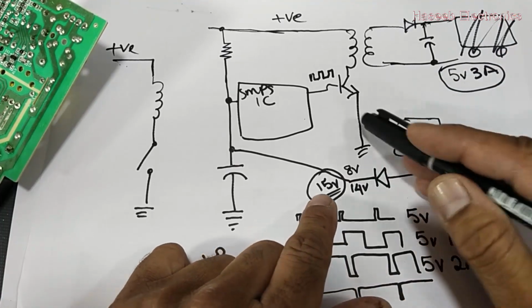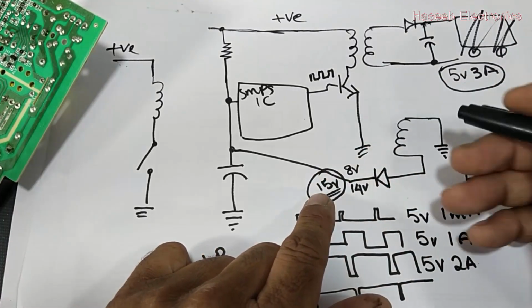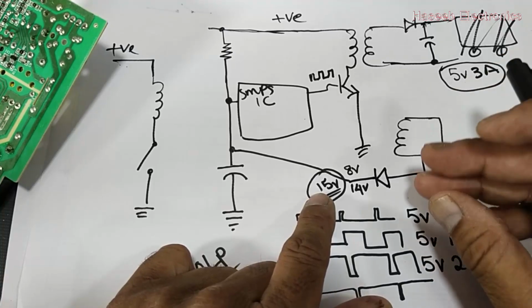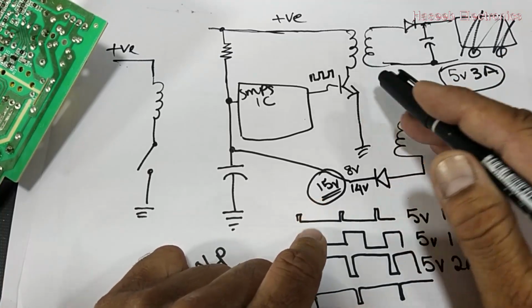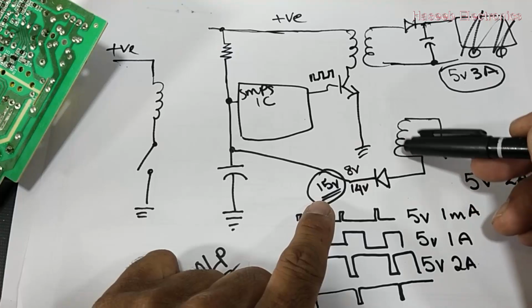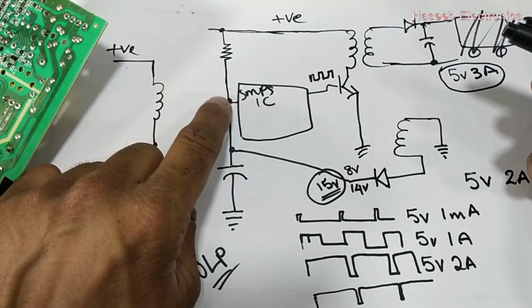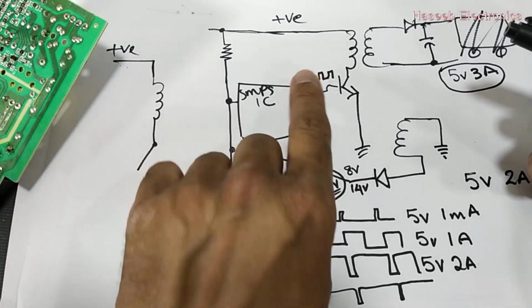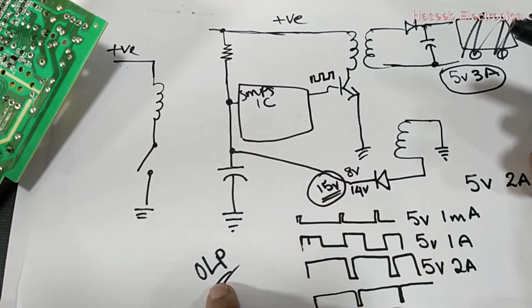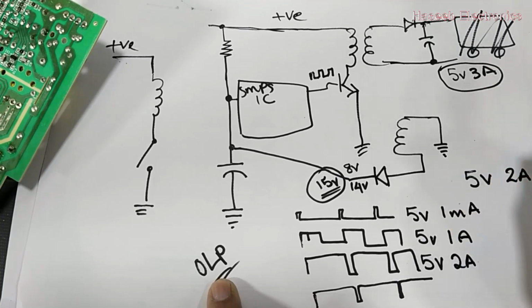In that condition, when this IC tries to utilize its maximum duty cycle or more than maximum, the voltage here will increase and this voltage will reach this pin, that is the VCC pin. In that condition this IC will go into OLP, overload protection mode. So these are the functions of this winding.